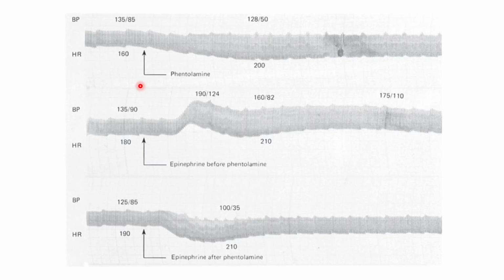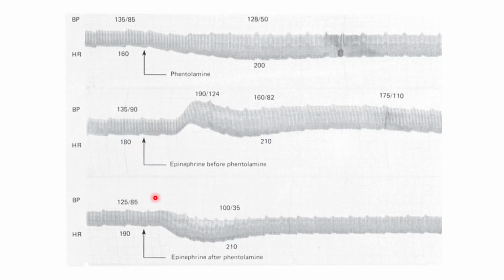So the first diagram is phentolamine alone, and that has almost no effect. The second graph is epinephrine before phentolamine, and that leads to an increase of the heart rate and also a very prompt increase in the blood pressure.